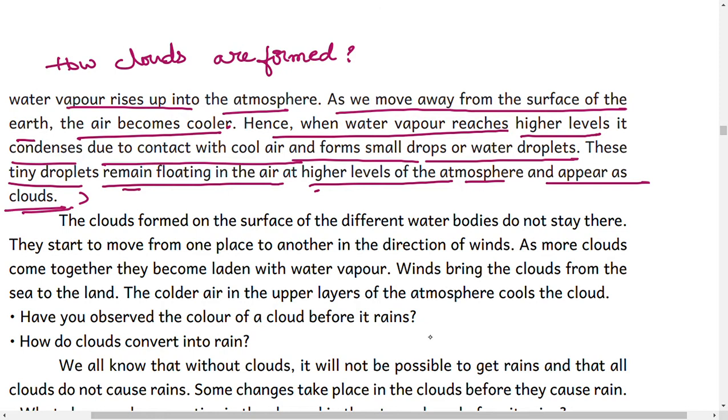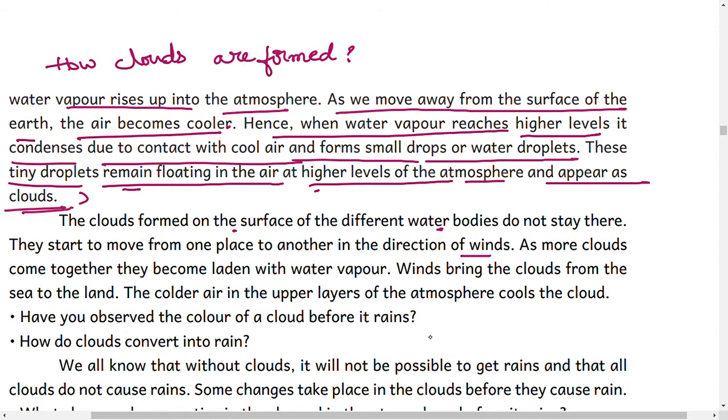And these clouds formed over the surface of the different water bodies do not stay there. That means clouds do not stay in one place. They start to move from one place to another in the direction of the winds. As the direction of the wind changes, the direction of the clouds also changes.